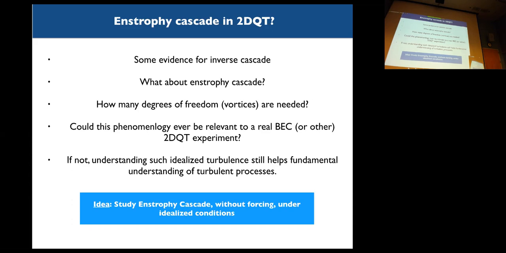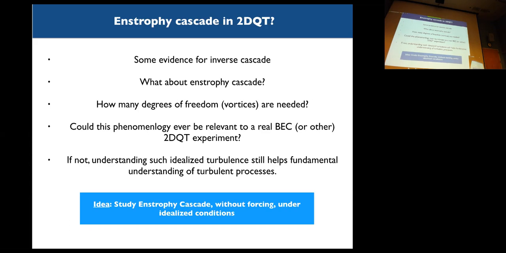So there are interesting questions around, well, how many vortices do you actually need to see this classical physics emerging? And then once you know that, you could make some informed statement about whether you could ever see this kind of physics in a real atomic BEC or some other kind of 2D quantum fluid system?